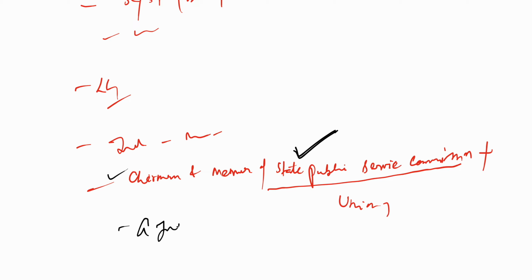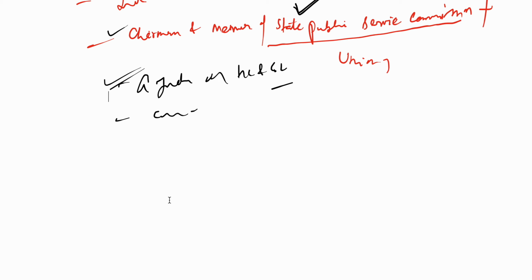He removes judges of High Court and Supreme Court. He removes the election commissioner, though it has to be passed in parliament. Everything has to go through the parliament, but the final authority, when parliament has passed it, then the president removes. So the president is the final authority.